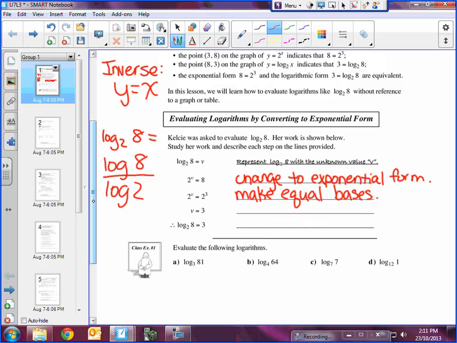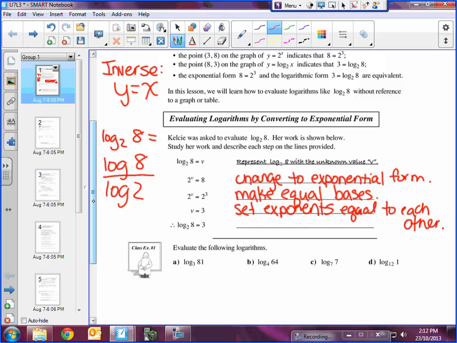I know that 2 cubed is equal to 8. So all we're doing is writing 8 with a base of 2. Yep. So the third one, set exponents equal to each other.